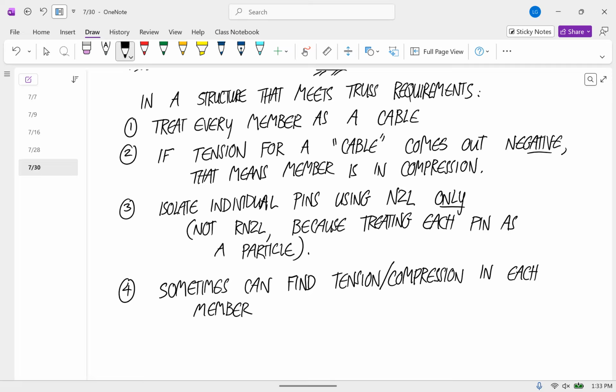You're going to have to isolate most of them, but sometimes you can get away with leaving one or more out. So sometimes you can do it without isolating every joint. Okay, so now with this approach, I'm going to go through an example.